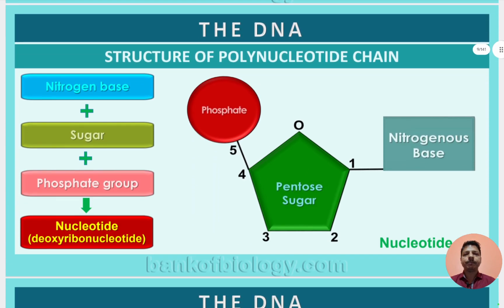Next, again nitrogenous base combined with sugar and a phosphate group is called nucleotide or deoxyribonucleotide. Like you can see, it is a nucleotide where nitrogenous base is present, pentose sugar is there and phosphate group is there.